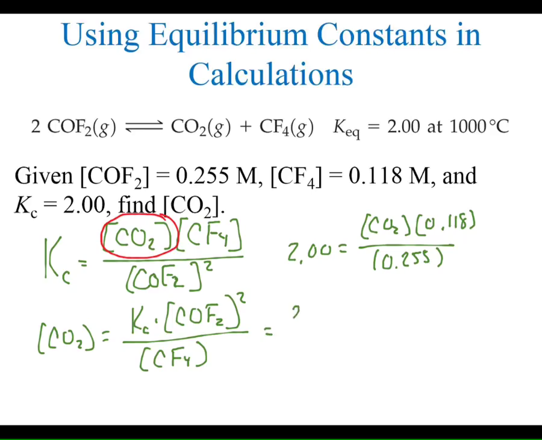Oh, I'm sorry, that one was squared, right? However you want to do it. Either rearrange it first or just plug it in and rearrange it later. Your choice, whatever makes you more comfortable with your algebra. Just plug it in and then solve for the missing value there.